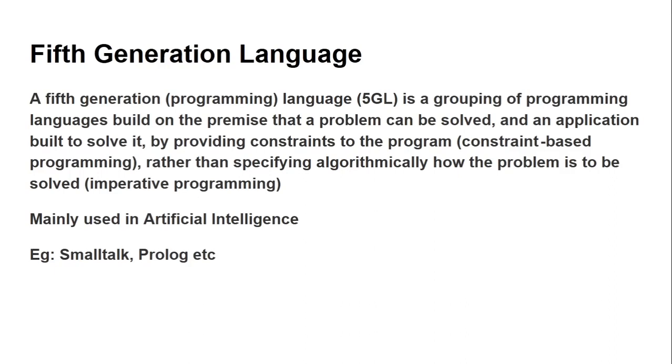Artificial intelligence means that machines must be able to perform like humans, they must be able to think like humans. So if I ask a machine about my problem, and the machine is able to understand the problem and produce a solution for it by itself, that is an example of artificial intelligence.